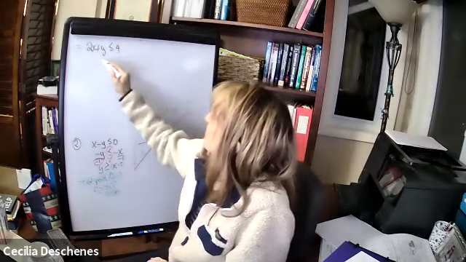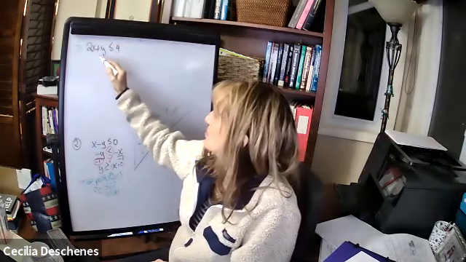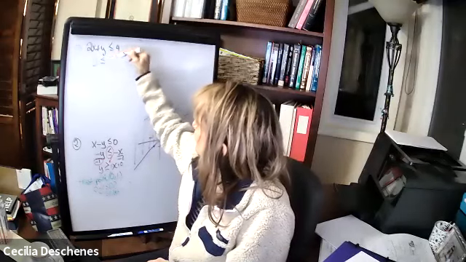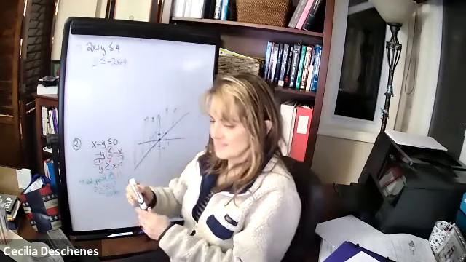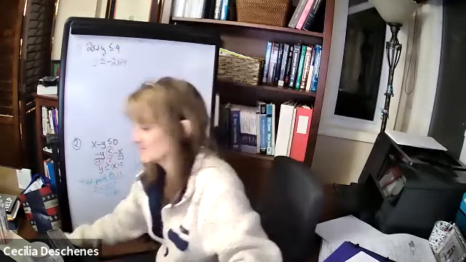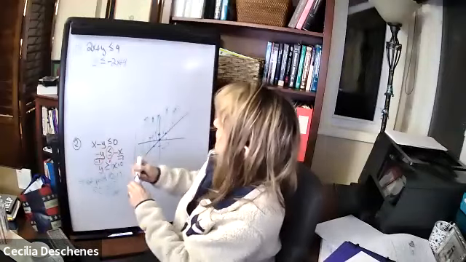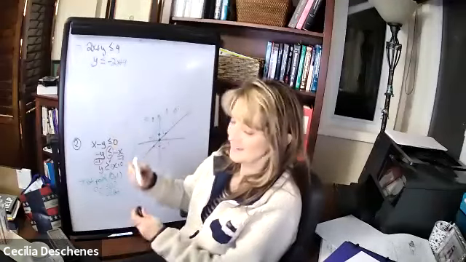Okay, let's go ahead and get this into the mx plus b form. So we're going to subtract 2x from both sides. And I have another one to try too. That's not any better either.